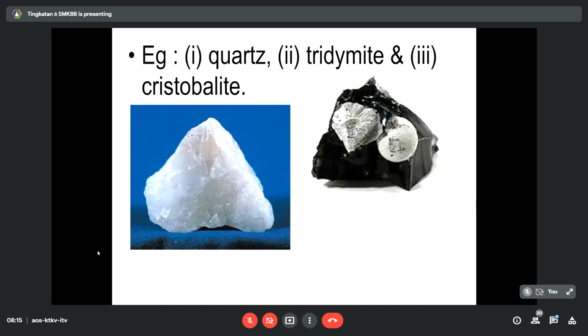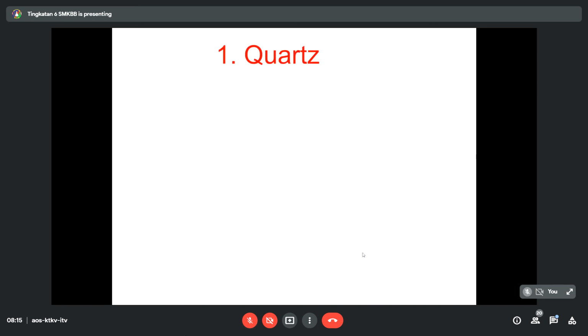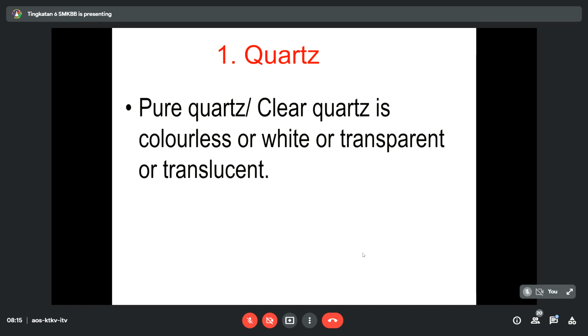Quartz, tridymite, cristobalite, can't really see, so you go and search. I mean they're all rocks. Okay, so quartz, pure quartz is actually clear, colorless, transparent.